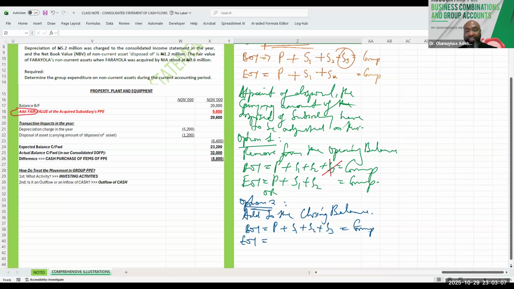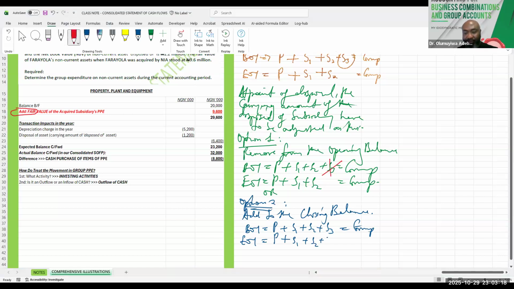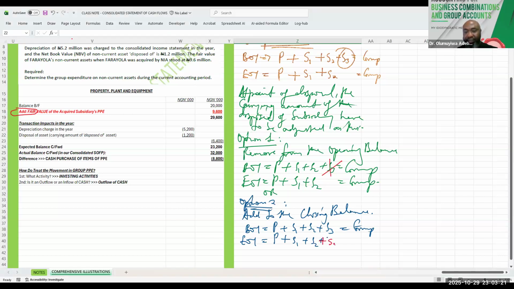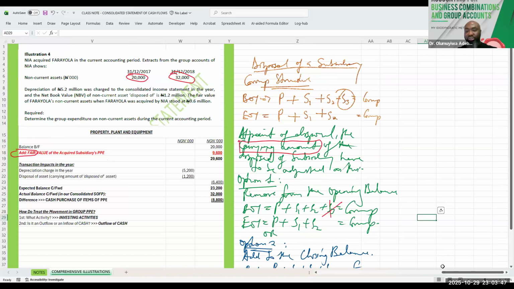Therefore, at the end of the year, it will be P, S1, and S2. But I have to now incorporate by addition S3. What I am going to incorporate is the carrying amount of the disposed of assets, as if the asset has not been disposed of. It's on that basis that I'm comparable, all things being equal. And that's just what we're trying to do, similar to acquisition.